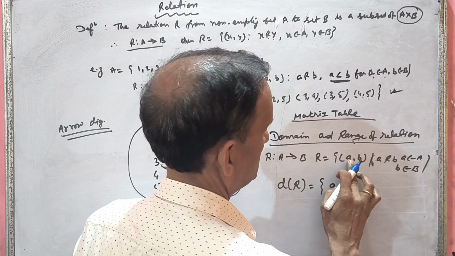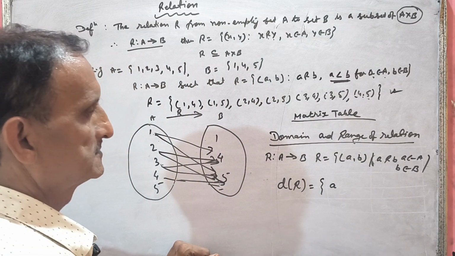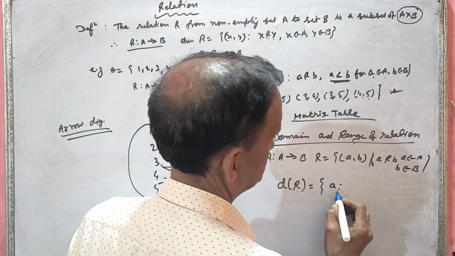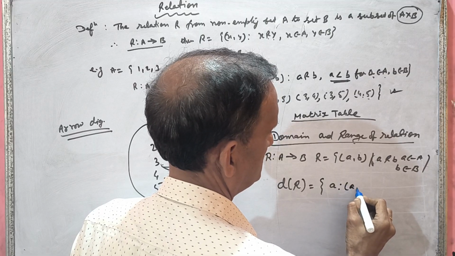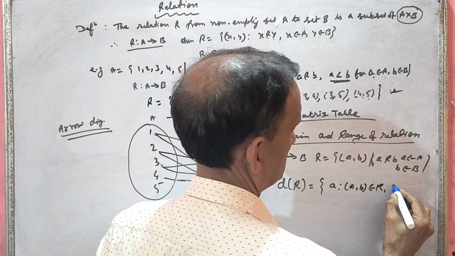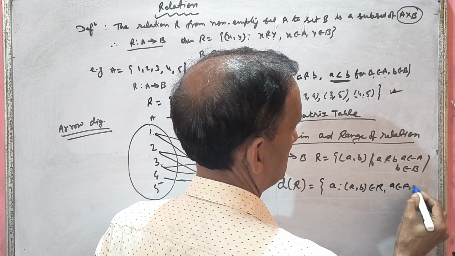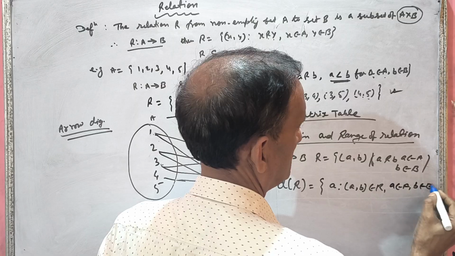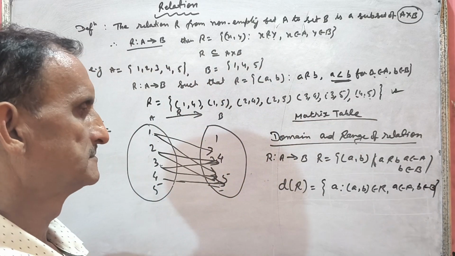First component, either you can write (x, y) or (a, b). So D(R) is a such that (a, b) belongs to R, and a belongs to A, b belongs to B. Understood?